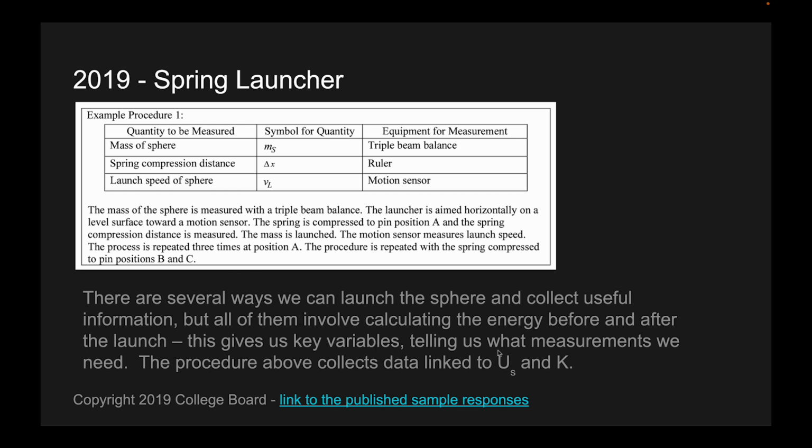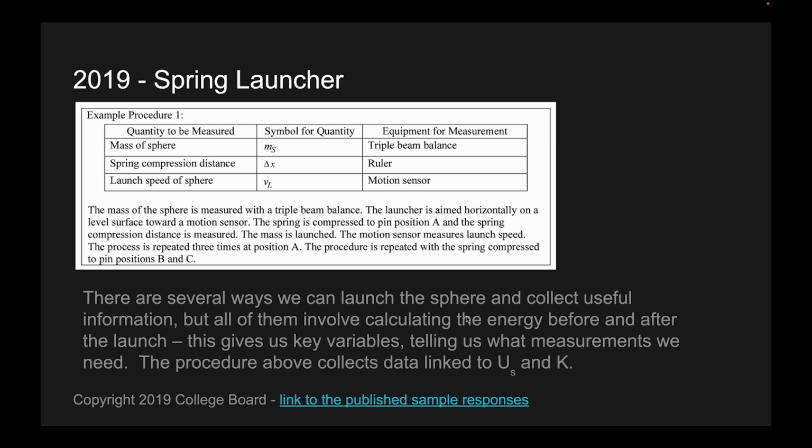But all of those really came down to comparing spring energy and energy after the launch. In this one, it was kinetic energy, which we obtained by getting the instantaneous velocity. We could use a motion sensor, I will also point out, for instantaneous velocities.